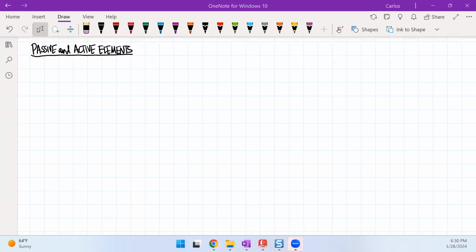Passive and active elements. The power of an element comes in two flavors. One, you could have passive elements.